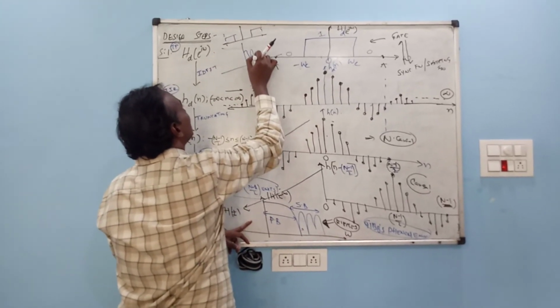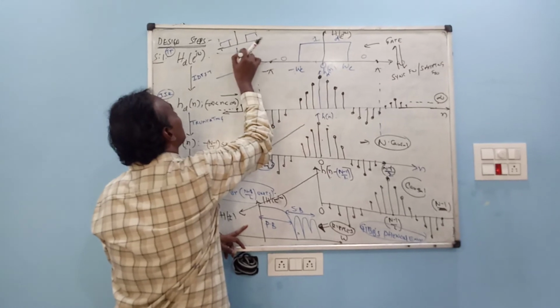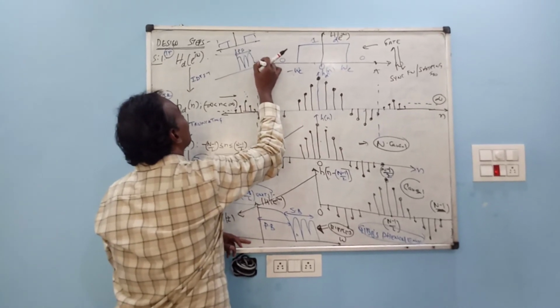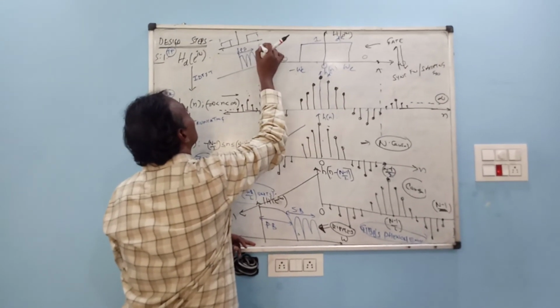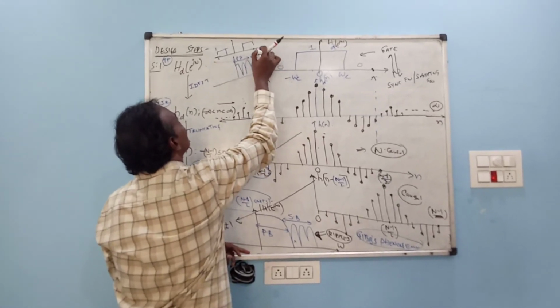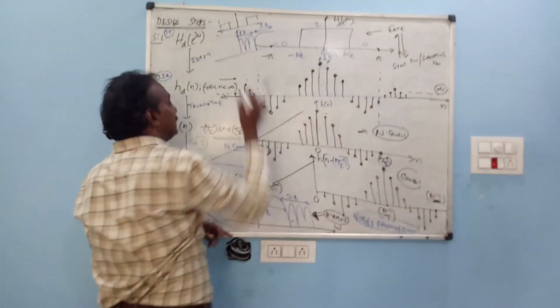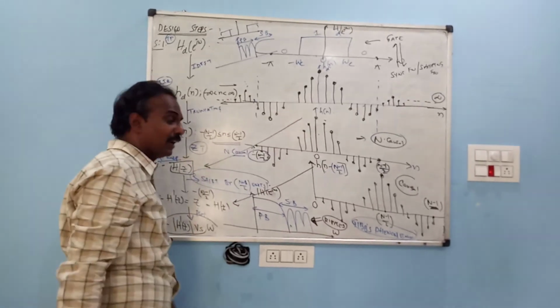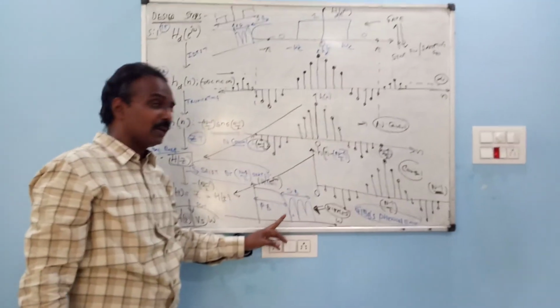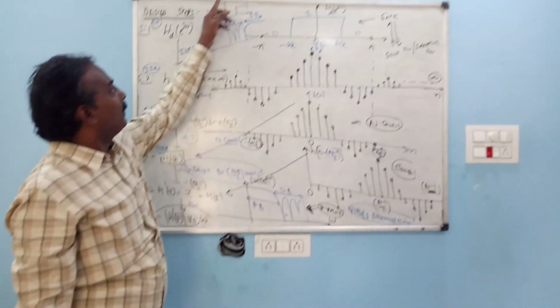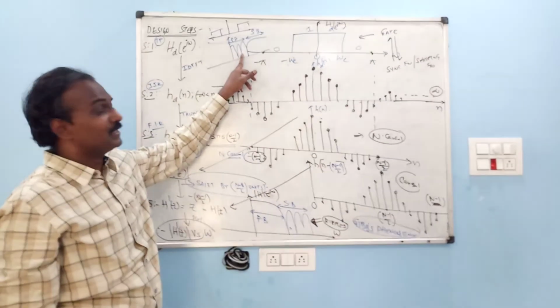We get the ripples in the pass band, and the signal in the stop band. So this graph is the opposite; for a high pass filter, this will be the corresponding frequency response.